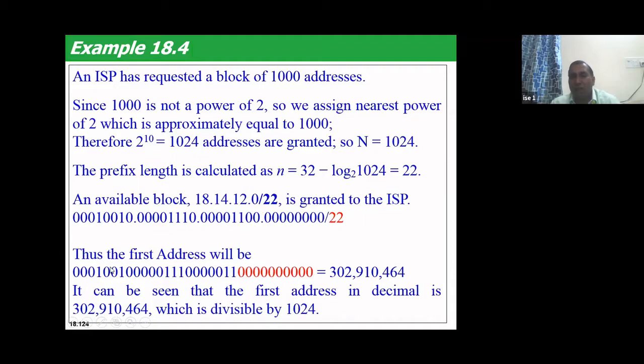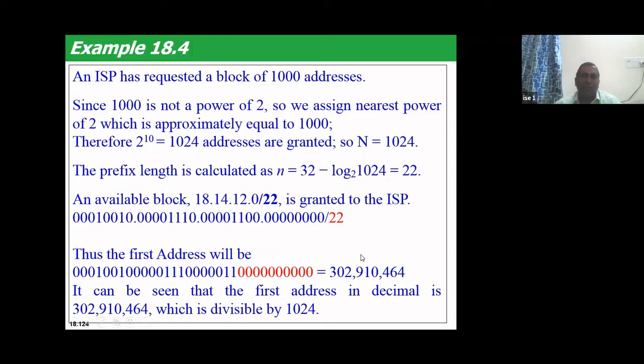So if I now calculate the decimal equivalent of this binary number, it translates to this big number. Roughly it is around 30 crores, 29 lakhs, 10,464.